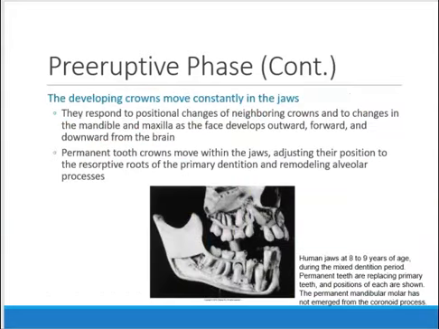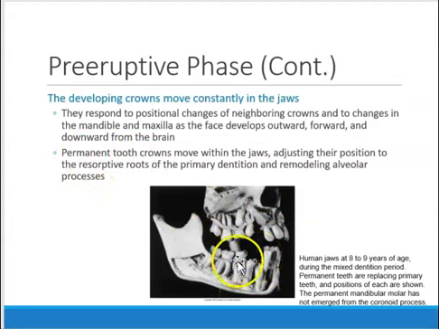So what happens in the phase where the crowns are being made? The crowns consistently move. These crowns right here are moving consistently. The reason they're moving is because the face is getting bigger. The face develops forward, downward, and outward, and when the face develops, the crowns also move with the face.